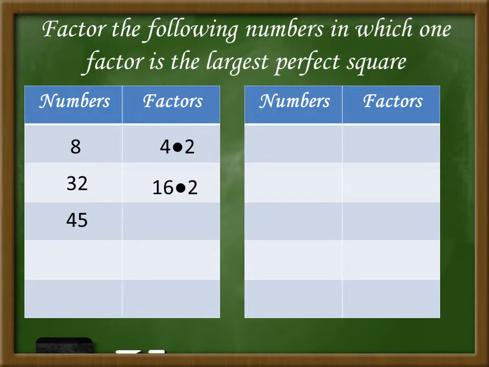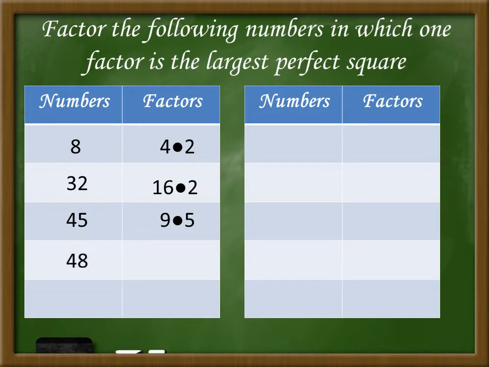What are the factors? The first factor is the largest perfect square. So that will be 9 times 5. Your 9 is the largest perfect square. To be multiplied by 5, you will get 45. So the factors of 45 is 9 times 5.